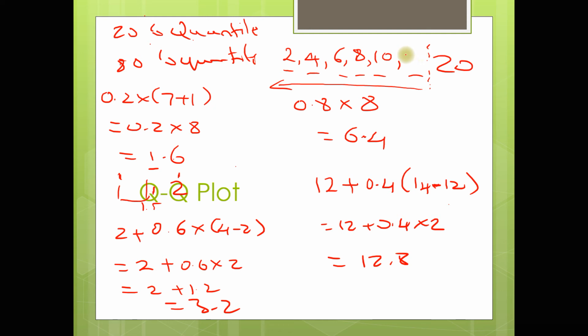So you would have to go from the same principle, 6.4, 1, 2, 3, 4, 5, 6 for an 80% quantile. 6.4 means 14 now, not 12, but 14 plus 0.4 times 20 minus 14. So then, of course, things are not going to be 12.8. It's going to be obviously different.